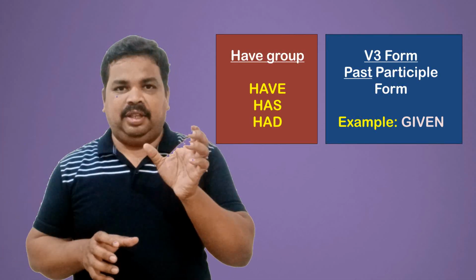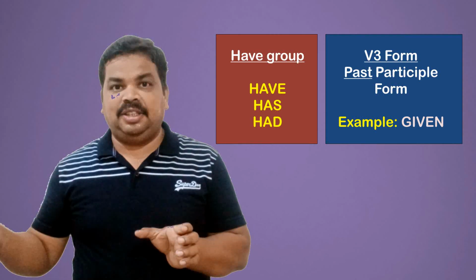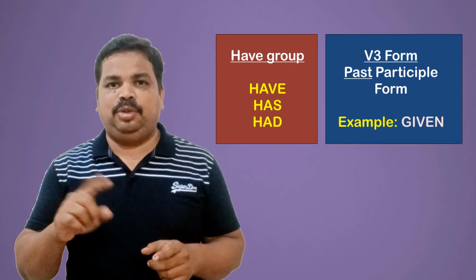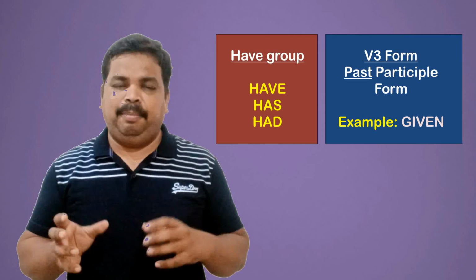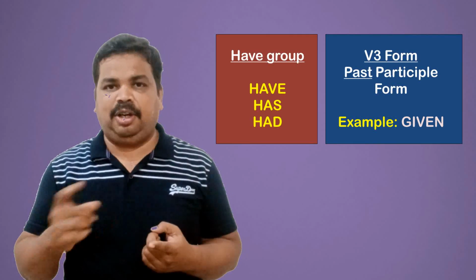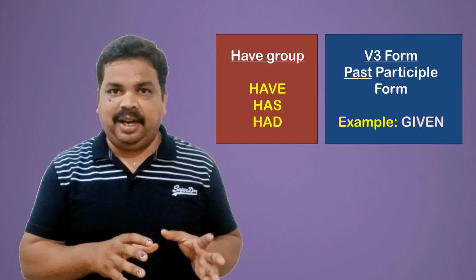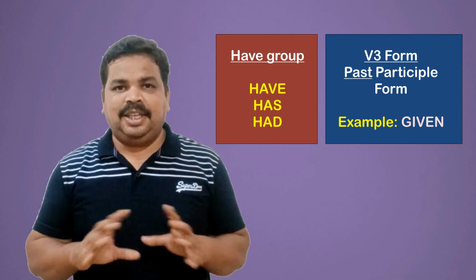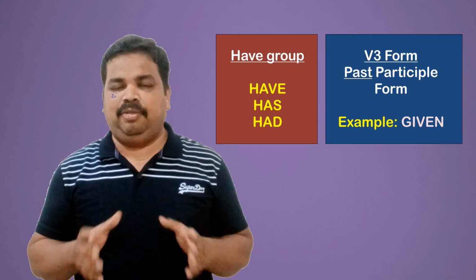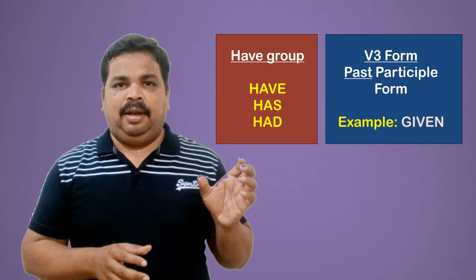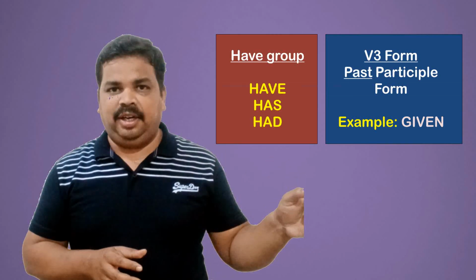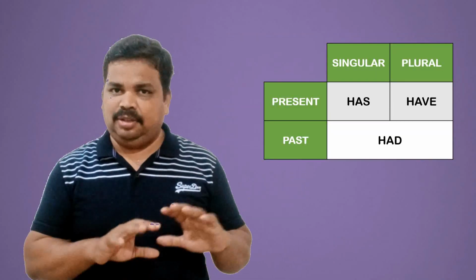But if the first action is completed but the second action is still pending, then you should use either has or have, based on whether the doer is one person or multiple people. But in case of had, you don't have to worry. It is the same for one person or multiple people. For example, Rodriguez had gone to London, he met his sister there.